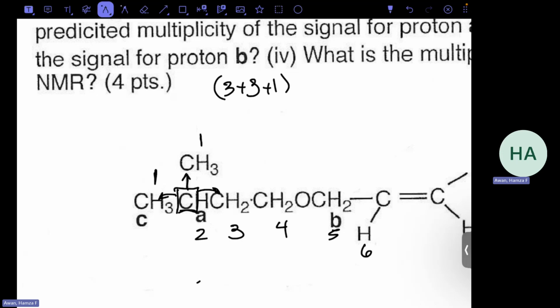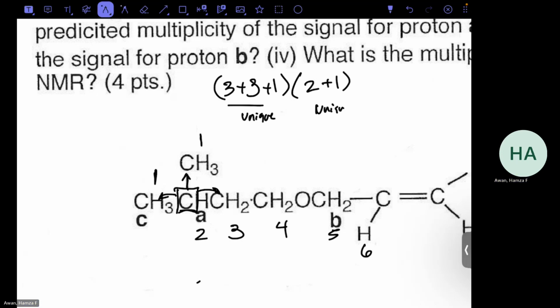So we have 6 hydrogens. It's essentially saying we have 6 hydrogens, and then we add 1. And then that's going to be multiplied by the one on the right, which has 2 hydrogens plus 1, right? So this carbon is only connected to 2 different unique carbons. So this is one unique carbon, and this is another unique carbon.